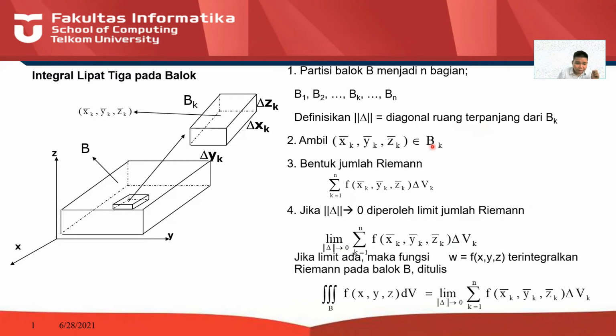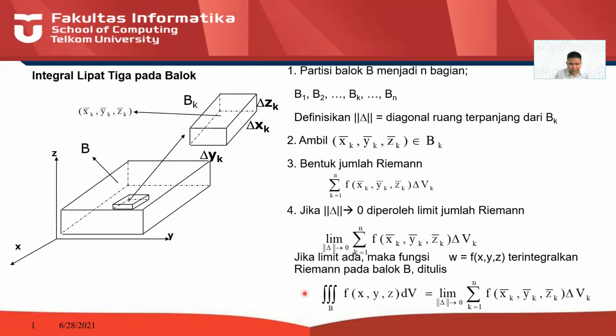If the limit exists, let's say this is W, then the function of x, y, z is Riemann integrable in the box B, and we can write it down like this.